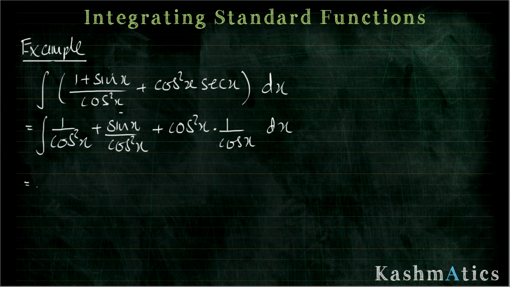Now this here cancels out the square there, so that term's quite nice now because that just becomes cos x, so we know we can deal with that. 1 over cos x is sec squared x.